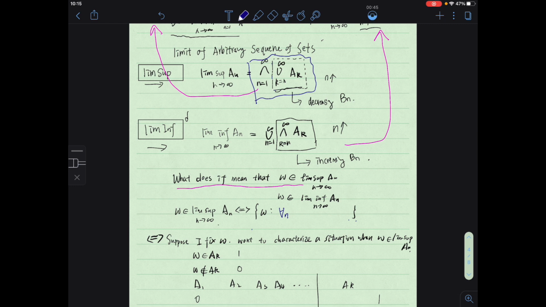So here, as long as you can find one K that is greater than or equal to n that contains omega, then that is okay. Then the union of those AK will contain omega.